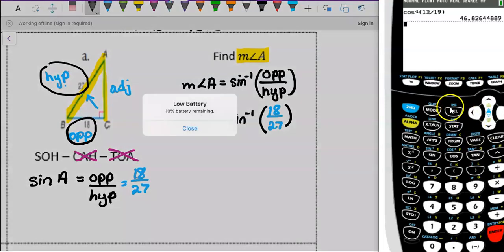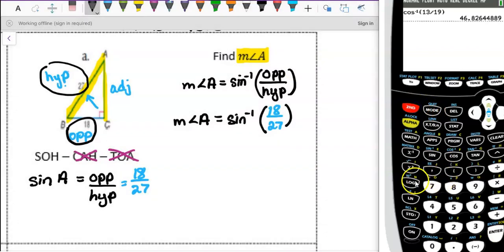Using our calculator, the inverse sine of 18 divided by 27 equals the measure of angle A, which is 42 degrees. Okay, so let's look at our next one.